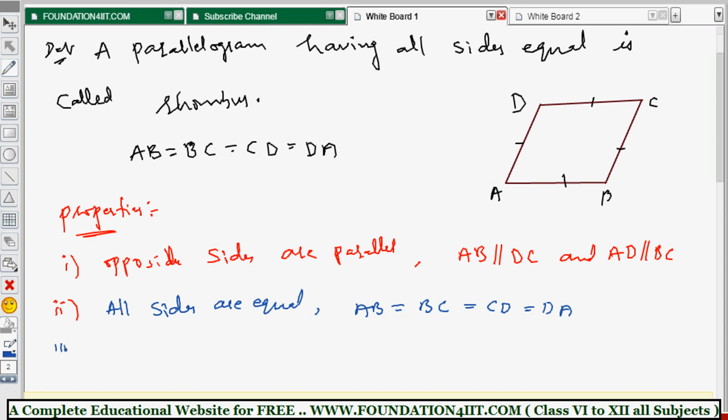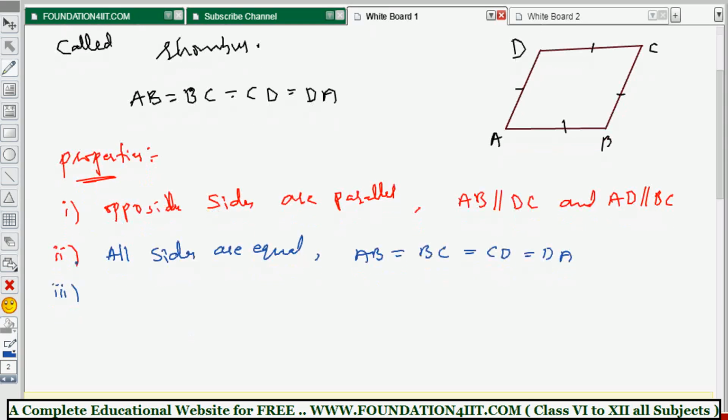And the important thing, when you come to diagonals: diagonals bisect each other at right angles. This is also a property you observe in the square.